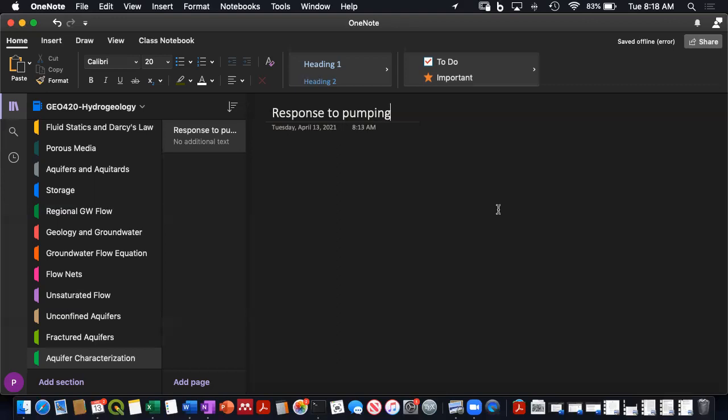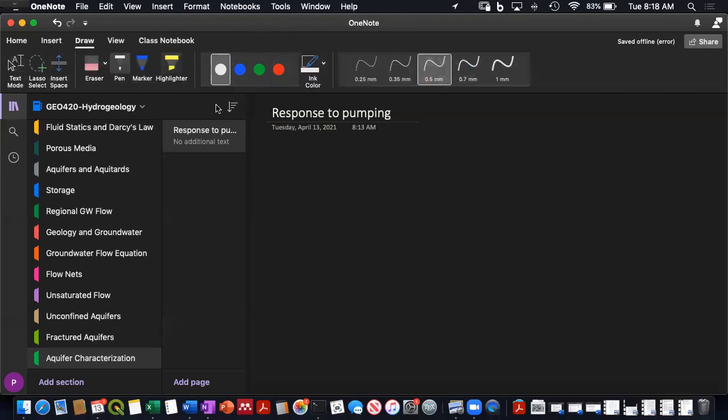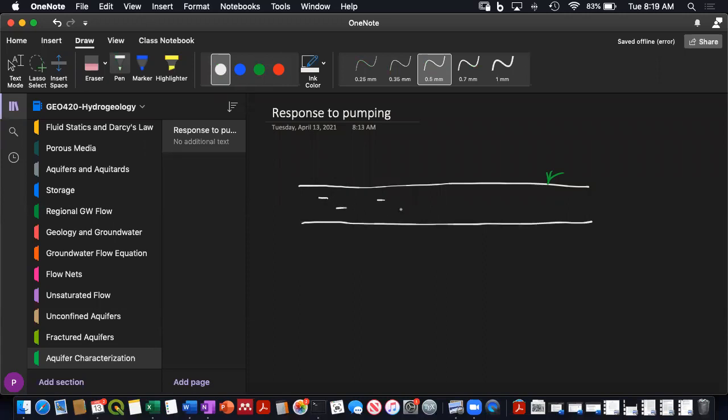So let's consider here, we're going to start off with a confined aquifer. So here's land surface. I've got some confining unit here. And then I've got an aquifer down here.